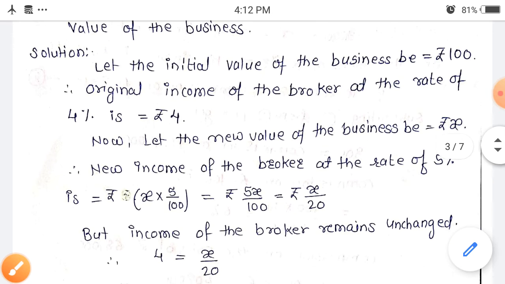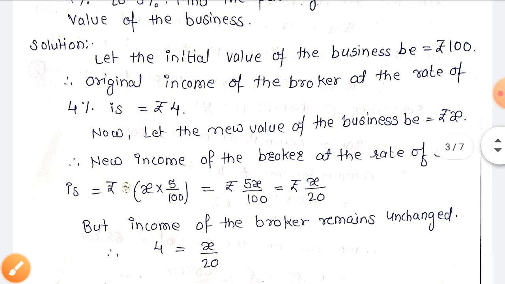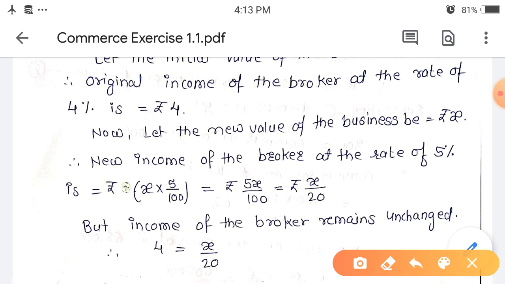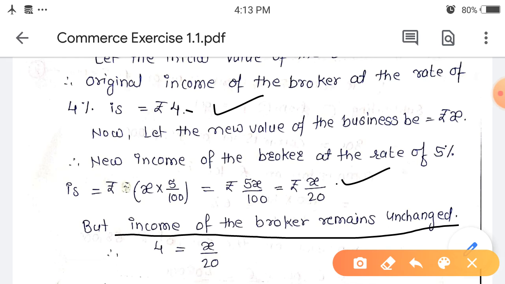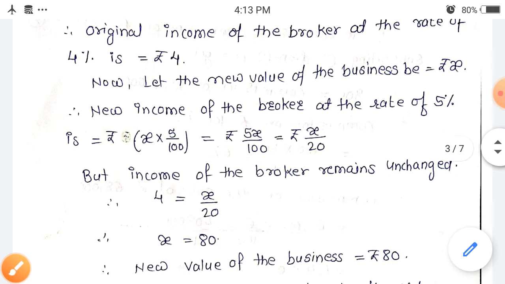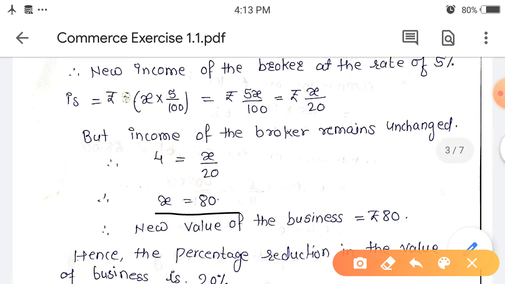But what is given? The income of the broker remains unchanged even if the rate of commission is changed, isn't it? That means this 4 equals this. Both the values should be the same. So 4 equals x upon 20. So how much is the x value? 80.